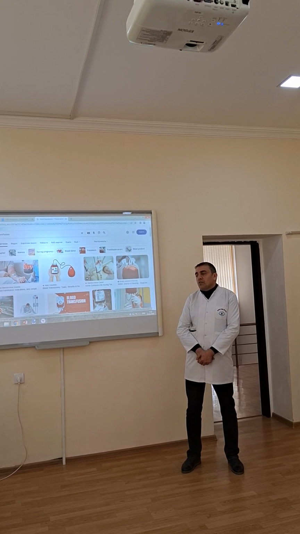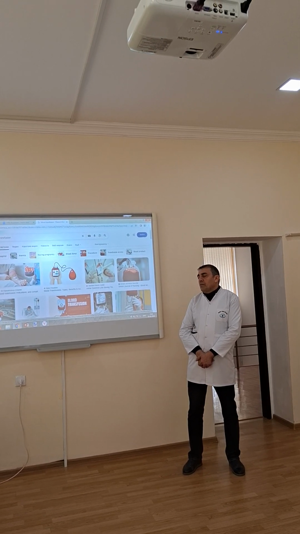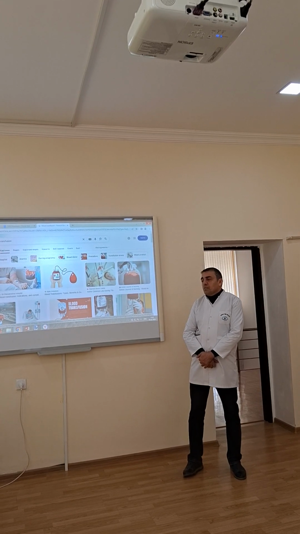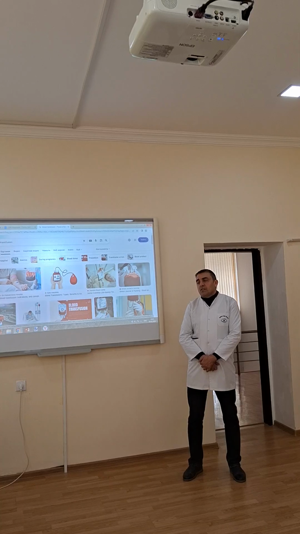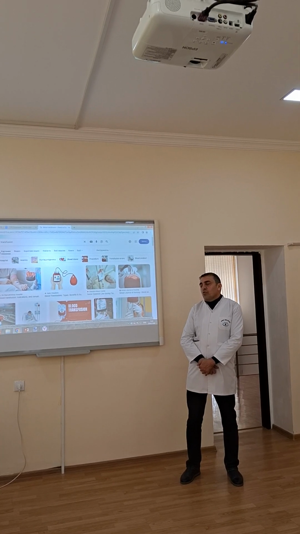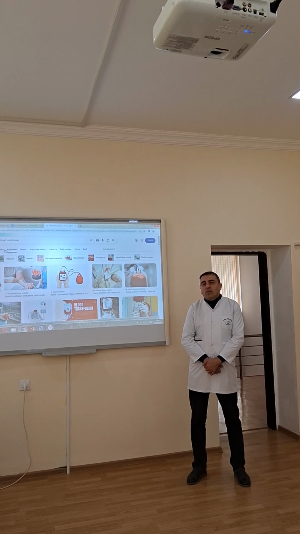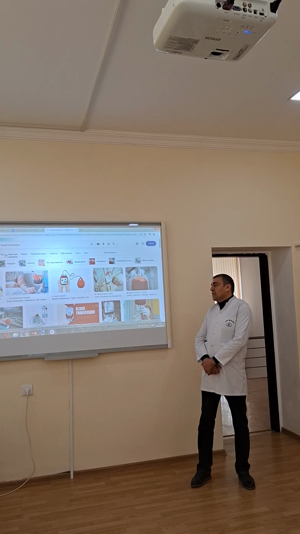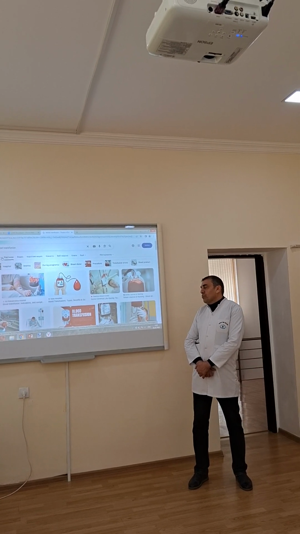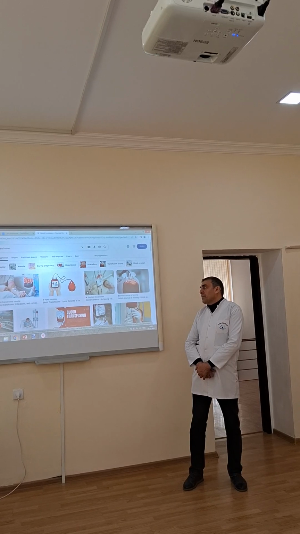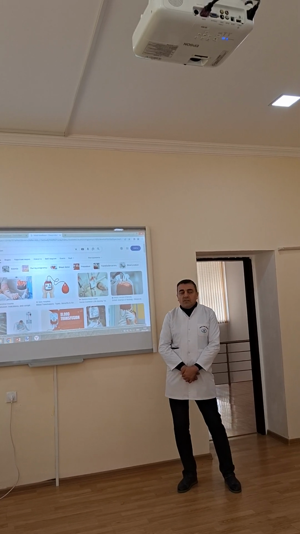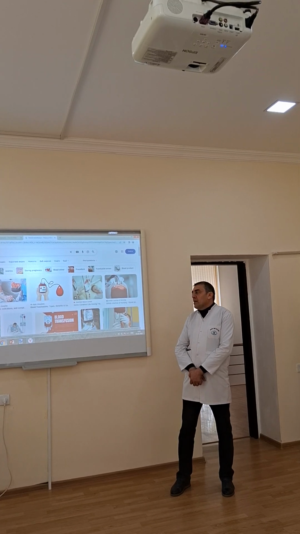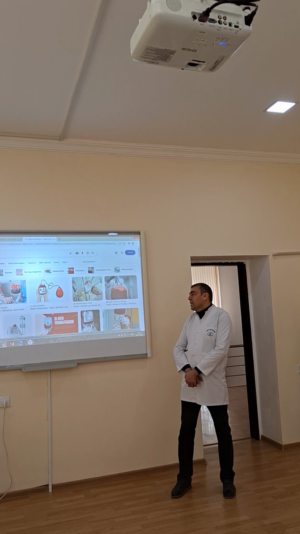In the first group, the erythrocyte of the first blood group hasn't any agglutinogen, and plasma contains both agglutinins, alpha and beta. In the second blood group, erythrocyte has agglutinogen A, and plasma has agglutinin beta.